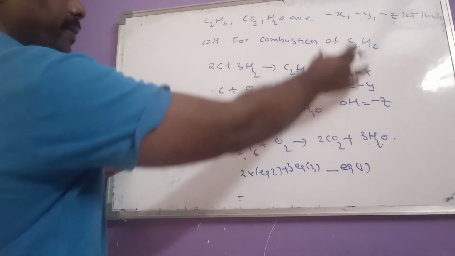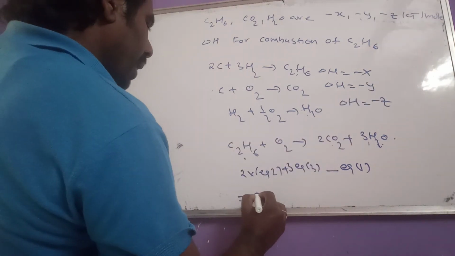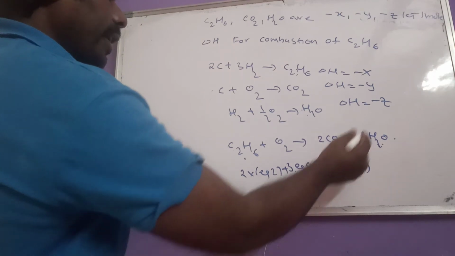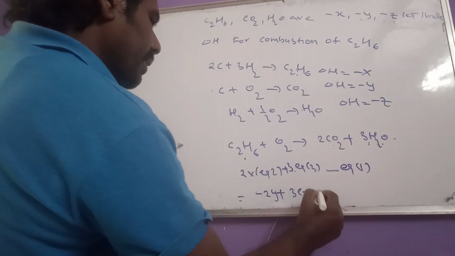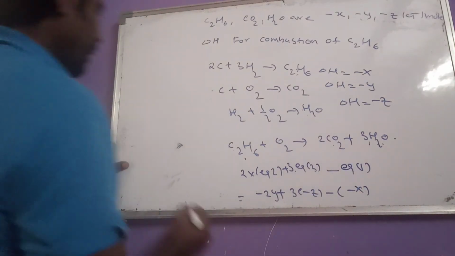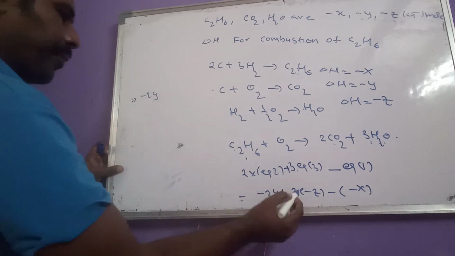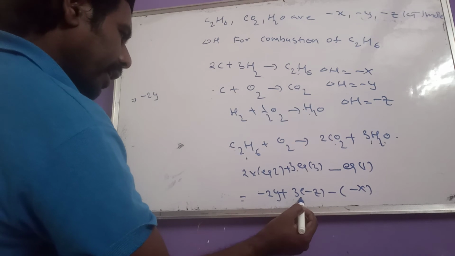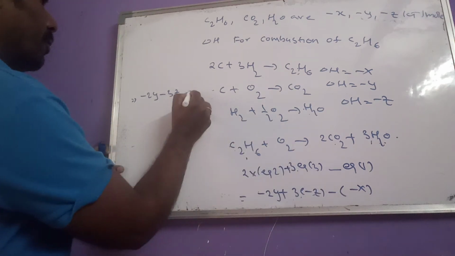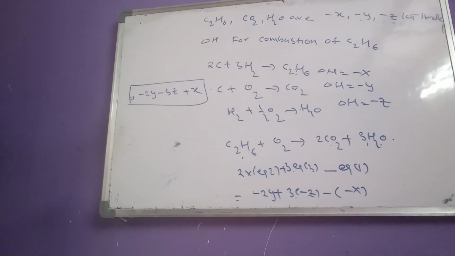Now do the same for delta H also. 2 into equation 2 means 2 into minus Y, that is minus 2Y, plus 3 into equation 3 means 3 into minus Z, and minus of equation 1 means minus of minus X. Therefore the answer is minus 2Y, minus 3Z, and minus of minus gives plus X. So this is the delta H value for the required equation.